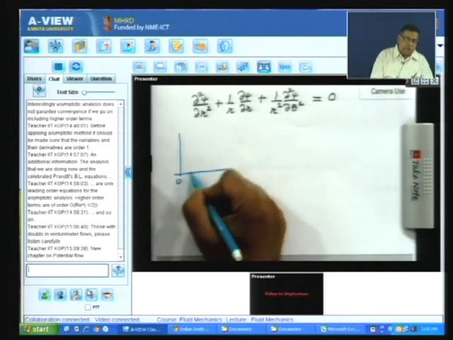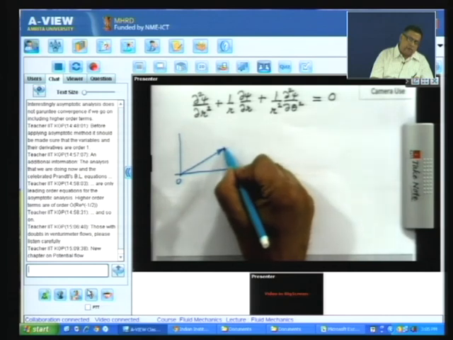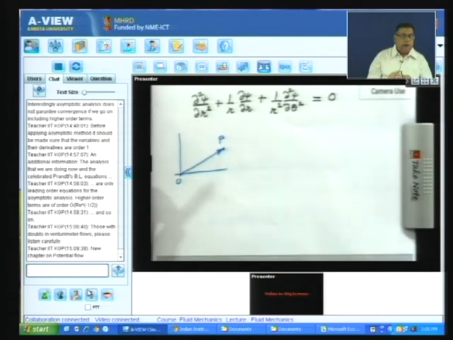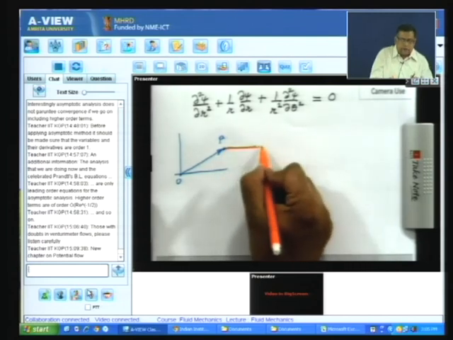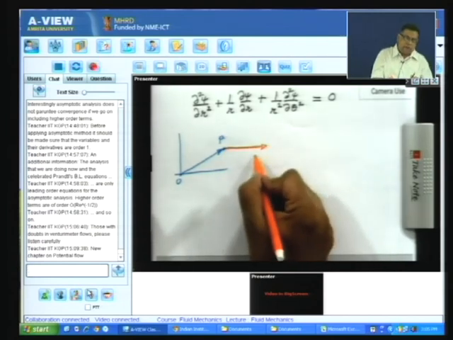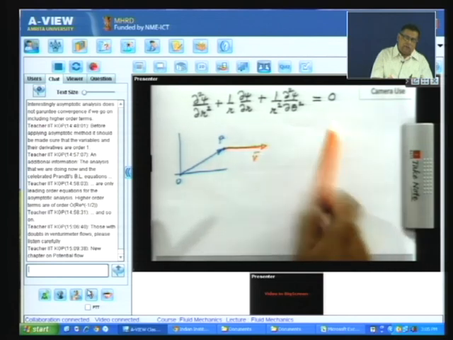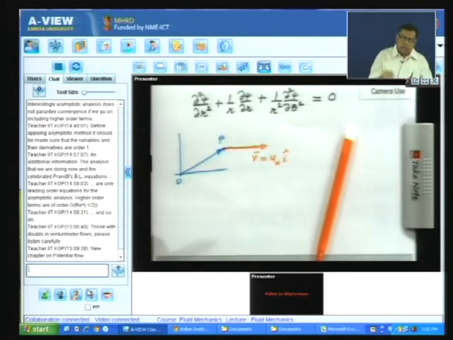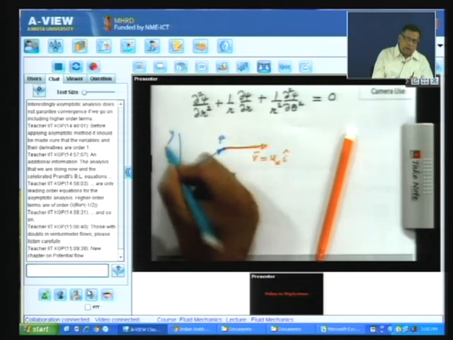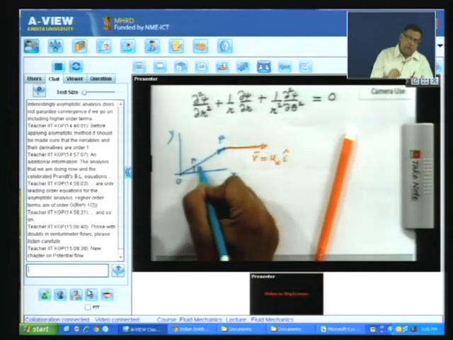Let us say this is the origin and this is the position vector of a point P. Now, suppose the velocity here at point P is uniform and in the x direction. So, this is a velocity vector which is, say, u infinity i. So, this is x, this is y, this is r, and this angle is theta.